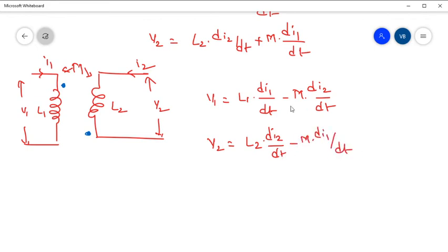Why did we get minus here? Here the current entered coil number 1 at the dotted terminal, but in coil 2, the current first enters the coil and after that meets the dot. So both are in opposite manner, so we get that minus. Okay. So in the next case, I'll draw another last circuit.